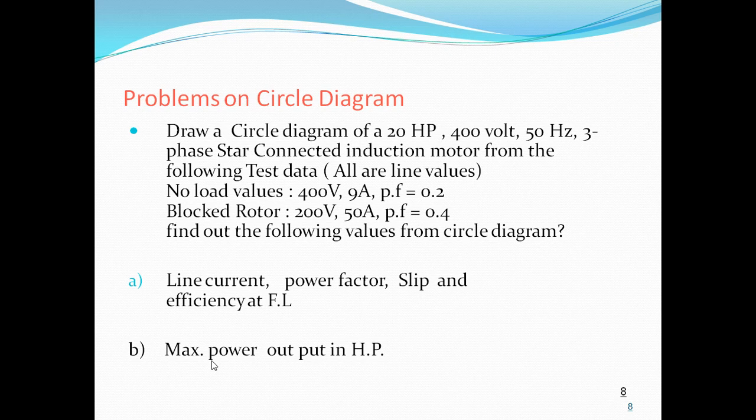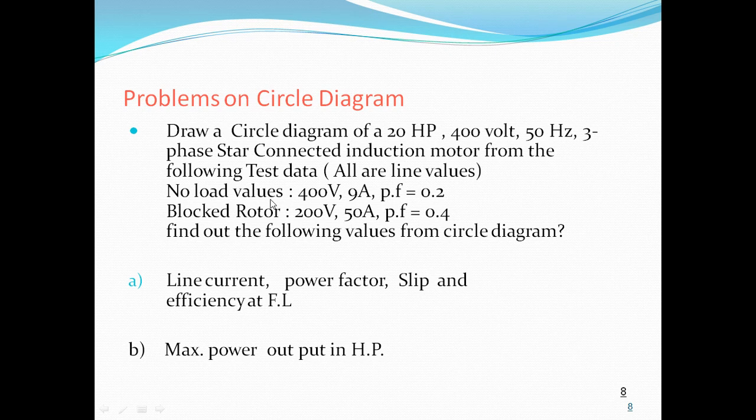So first you have to read the problem carefully and note down the given data and what we have to calculate. He told us to draw a circle diagram of a 20 HP, 400 volts, 50 Hz, 3-phase, star connected induction motor with the following test results.